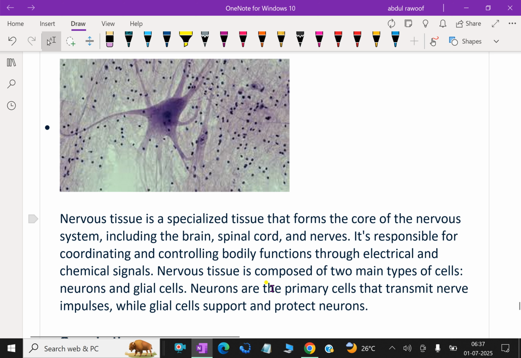Nervous tissue is composed of two main types of cells, neurons and glial cells. Neurons are the primary cells that transmit nerve impulses, while glial cells support and protect neurons.